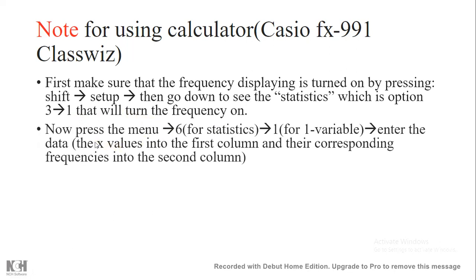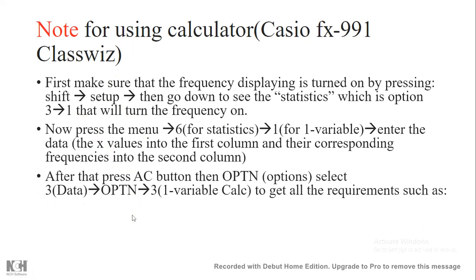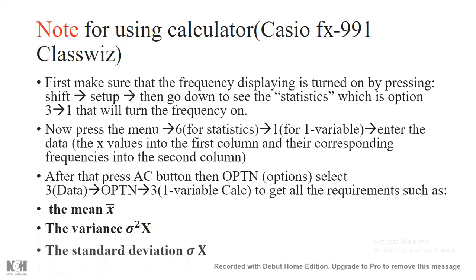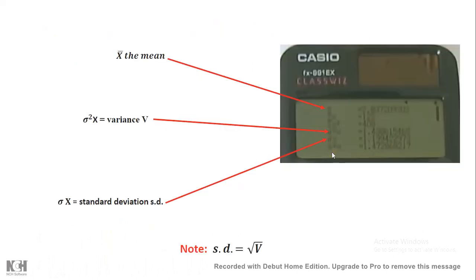After that, I suggest that you read this information on how to use the calculator to find the mean x, which is symbolized by x bar, the variance sigma square x, and the standard deviation, which you see on the screen.